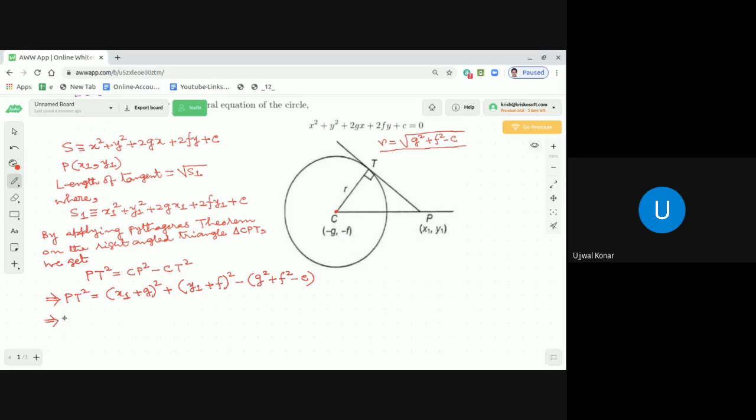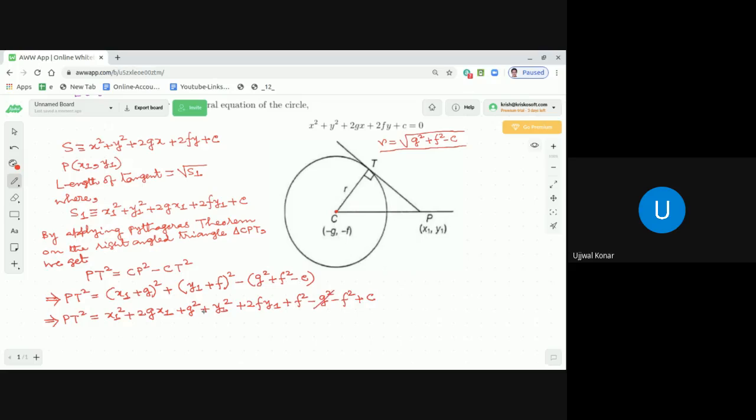Let's see what we are going to get. PT square: let's do it quickly. x1 square plus 2 into g into x1 plus g square, plus y1 square plus 2 into f into y1 plus f square, minus g square minus f square plus c.